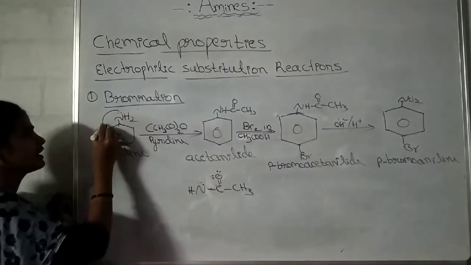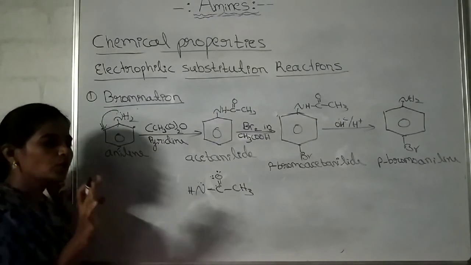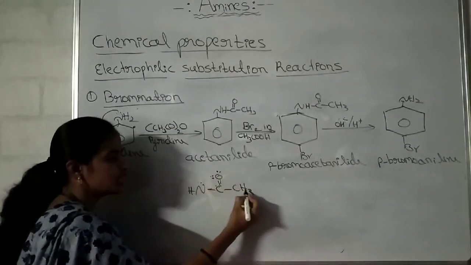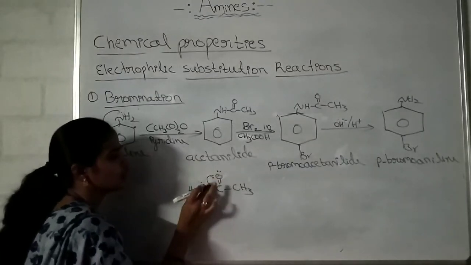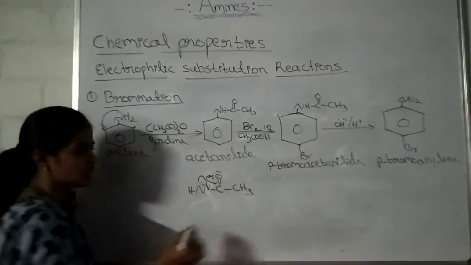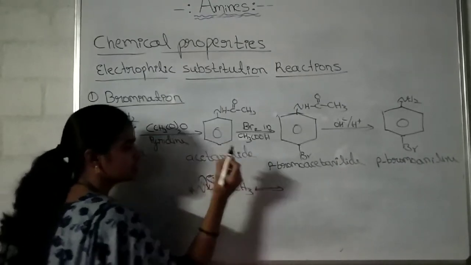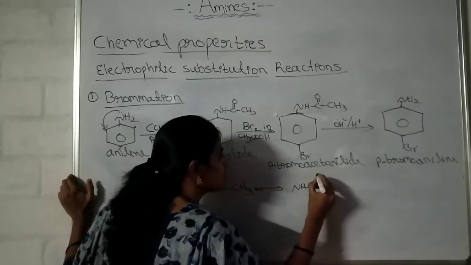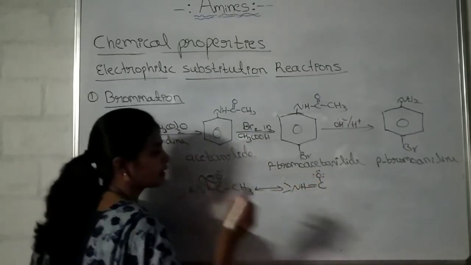See, when this lone pair of electrons is given to the benzene ring, all these positions will get activated. But I want to reduce its activity. For that, I have given the COCH3 group to this. So these lone pairs of electrons of nitrogen are involved in resonance structure formation. See, the lone pair of electrons shifts here and this bond pair will shift here, so that NH double bond C single bond forms, with three lone pairs of electrons, right?